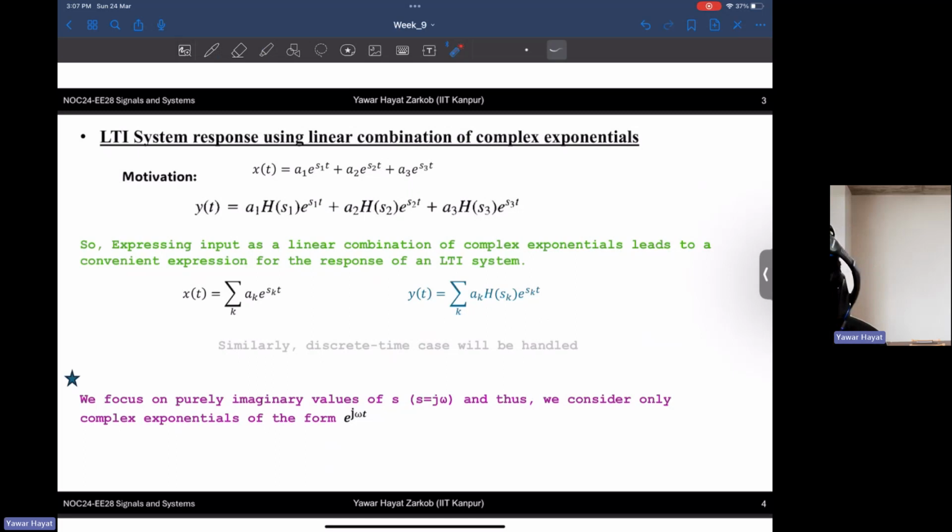That is, our s would be of the form j omega, and thus we'll consider only complex exponentials of the form e to the power j omega t. In e to the power st, s in general is sigma plus j omega. We'll focus on e to the power j omega t.